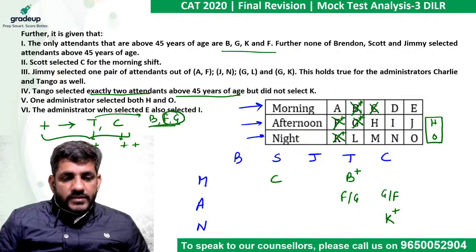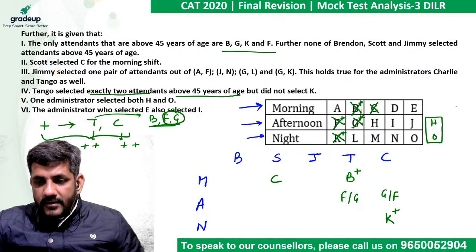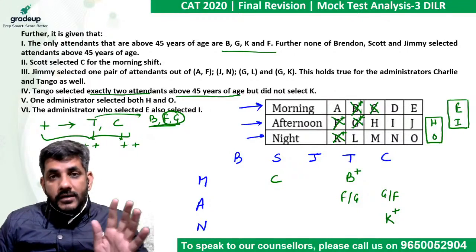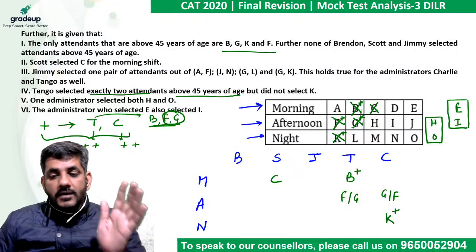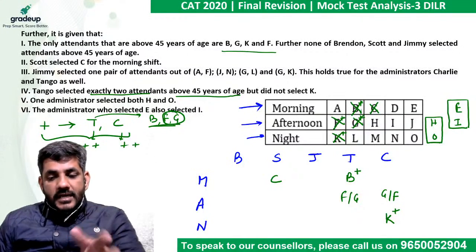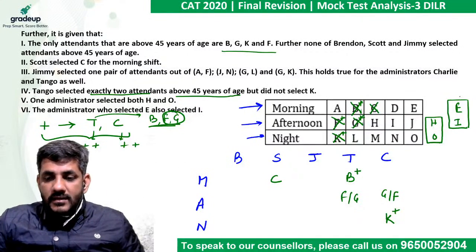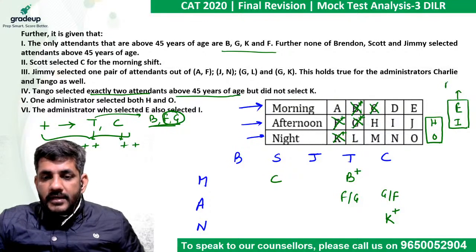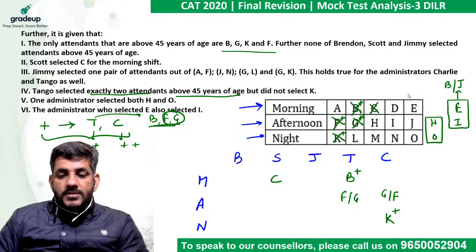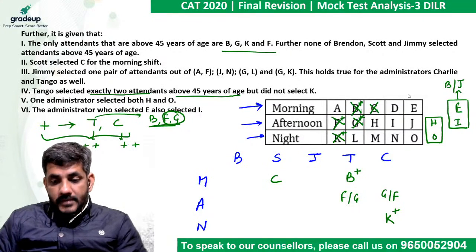The administrator who selected E also selected I. So whoever selected E, the same person has selected I. So this person obviously again cannot be Scott, cannot be Tango, cannot be Charlie. So this person must be either Brendan or Jimmy.